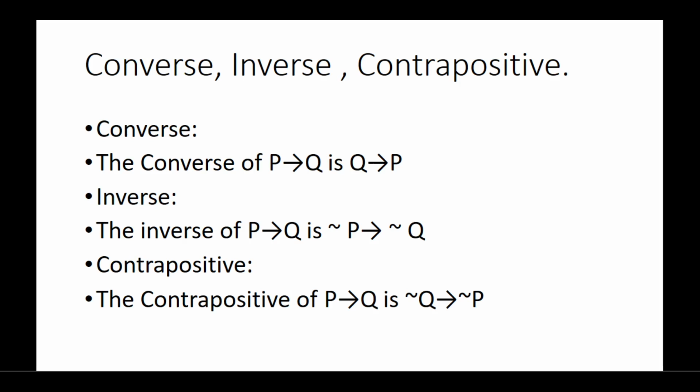Contrapositive. A contrapositive of a given conditional is a new conditional whose antecedent is the negation of the original consequent and whose consequent is the negation of the original antecedent.